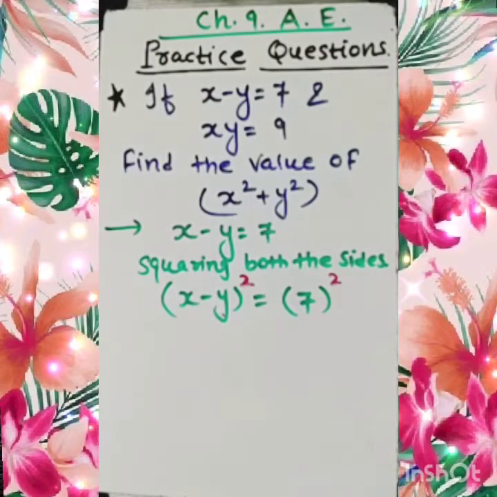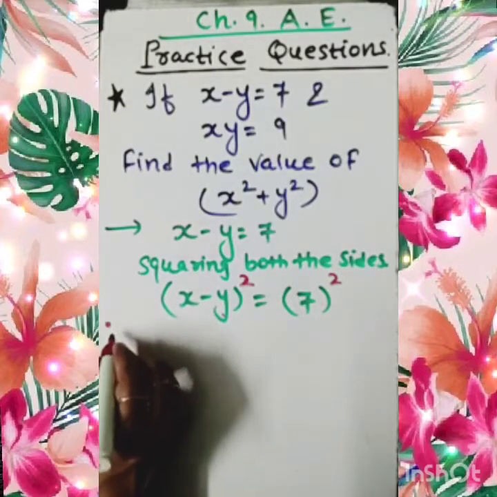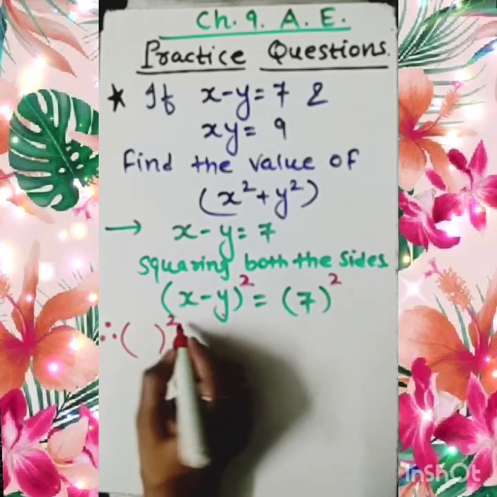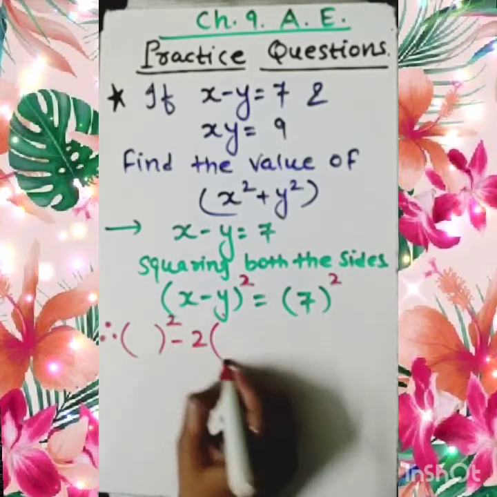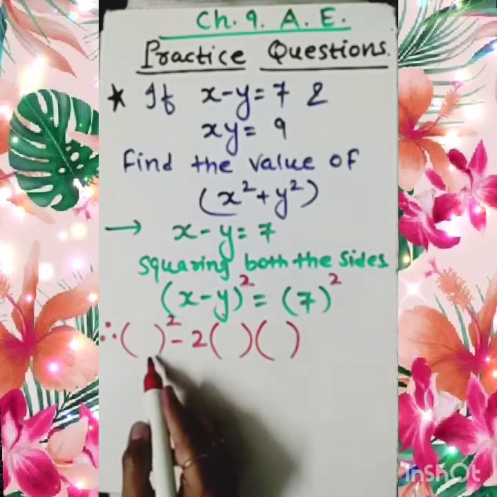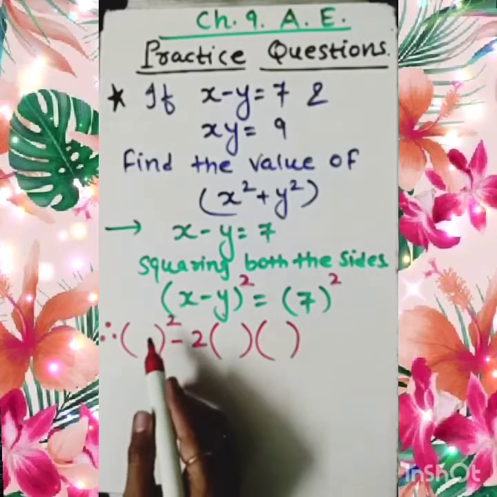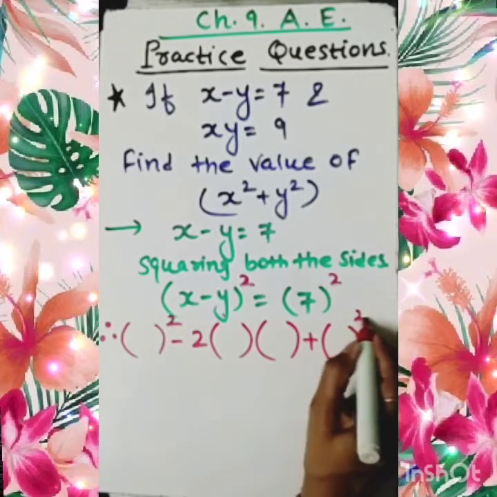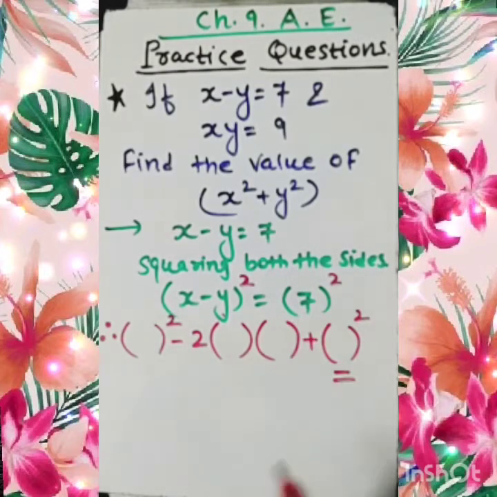Now (x minus y) whole square, it means we need to apply which identity? Of course, we need to apply the second identity. And what is the second identity? All of you know very well, a square minus 2ab plus b square. That is equal to 7 square.